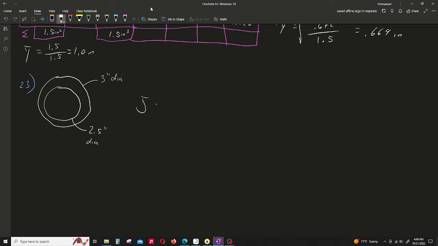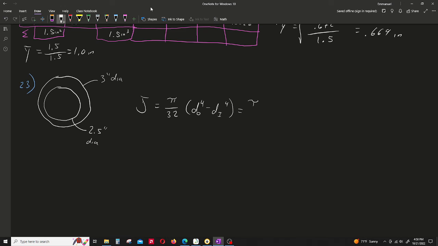And polar moment of inertia, as we know, the equation for that, for a hollow circular shaft that we just get from the table, is pi over 32. And since it's hollow, we got to do d to the 4th power minus d. I'll just call this Do minus Di to the 4th power.